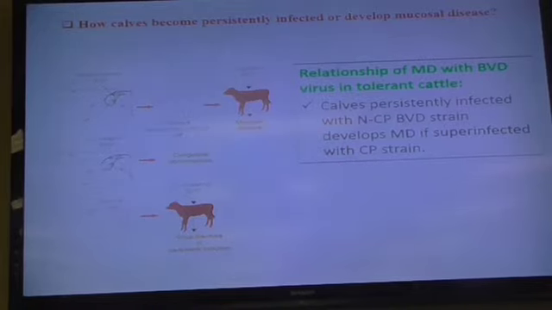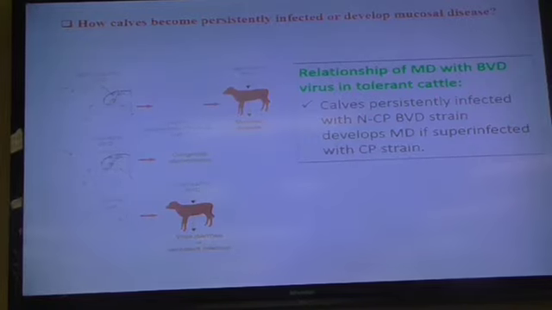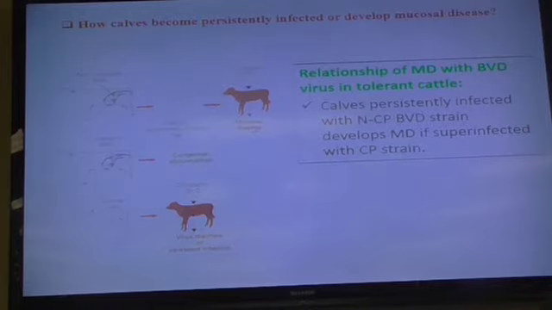That means it becomes a problem for other calves in the vicinity or in the same location. But if this persistently infected calf is infected with the cytopathic biotype, this will result in mucosal disease, the ulceration and necrosis that we find, and so on.